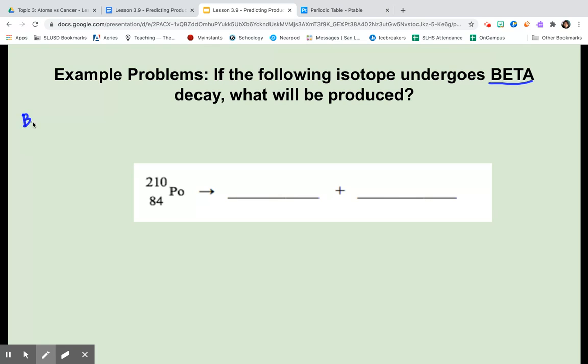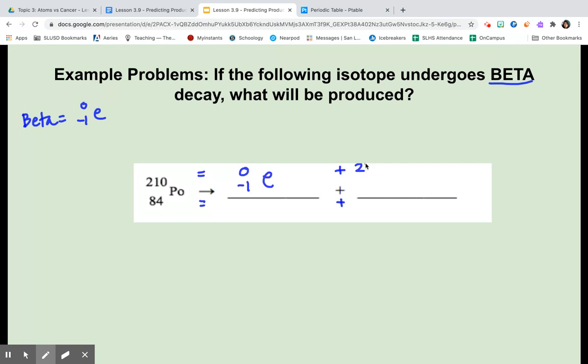Okay, so recall that beta decay is this symbol. So I know that this is one of my particles. And just like before, I'm going to work backwards to figure out 0 plus what will equal 210.